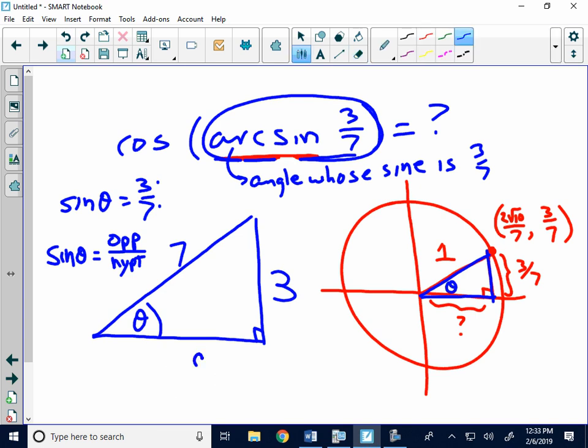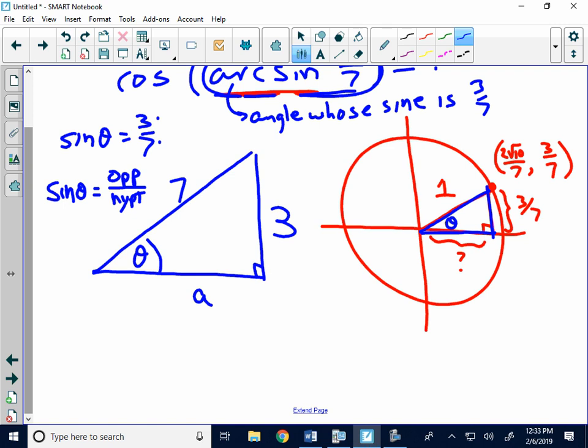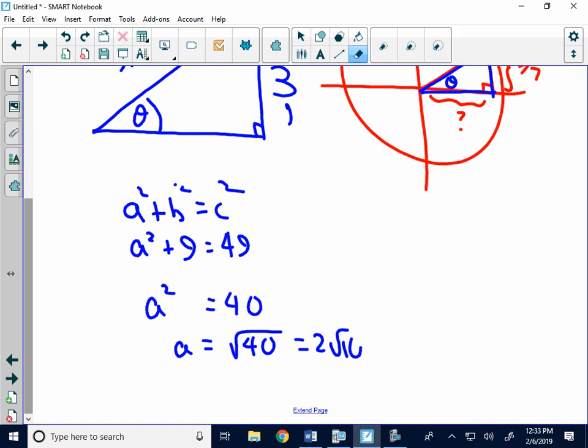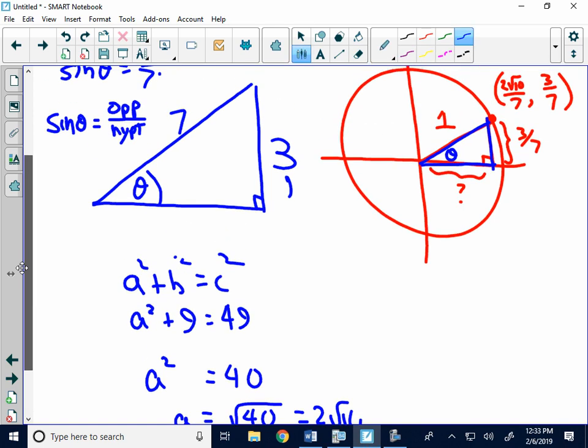And we know good old Pythagoras said A squared plus B squared is C squared. So A squared plus 9, the other leg, is equal to 49. So A squared is 40. So A is the square root of 40, or if you want, 2 square roots of 10. So that's what this missing side of the right triangle is: 2 square roots of 10.